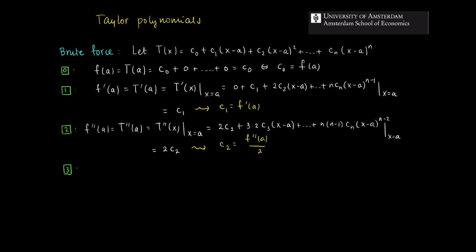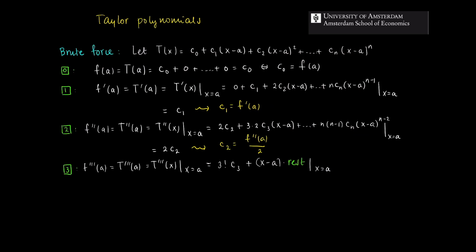So we have condition 3. Condition 3 says that the third order derivative should be equal. So again, we calculate the third order derivative of t, which now equals 3 factorial c3 plus (x minus a) times the rest. So again, we have a rest term.